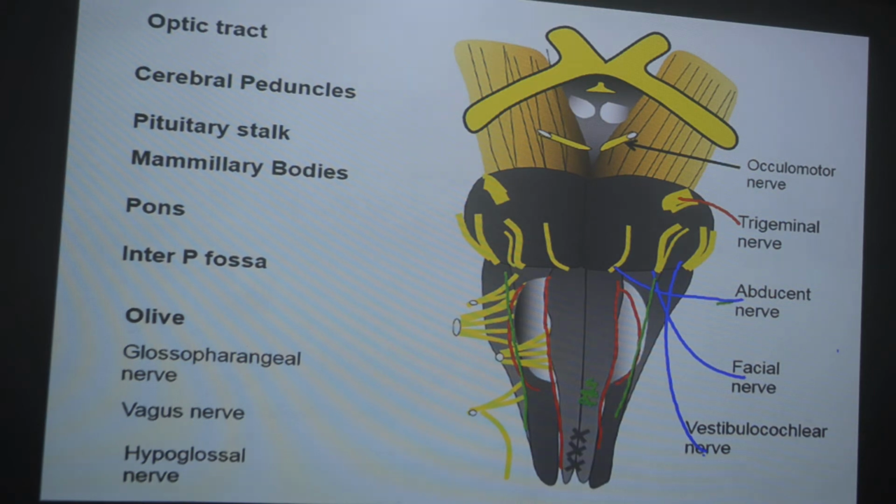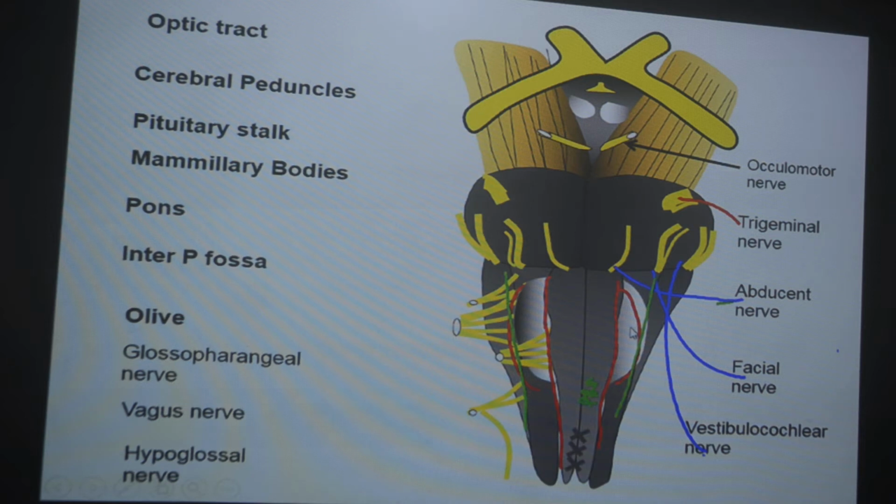Not the taste fibers, not the sensory fibers. The motor fibers to the tongue, which move the tongue right, left, up, down, are going to be supplied by the hypoglossal nerve, which comes out from the lateral aspect of the pyramid, which is the anterior median sulcus. Only motor. It is a purely motor nerve which supplies the muscles of the tongue.